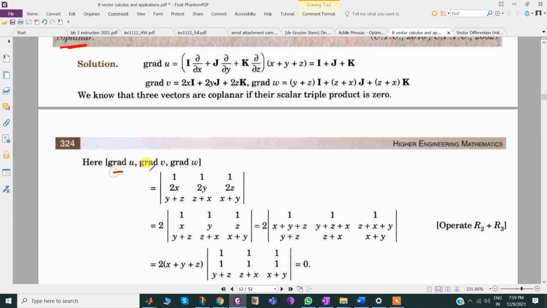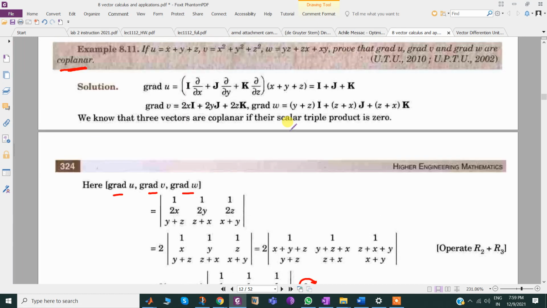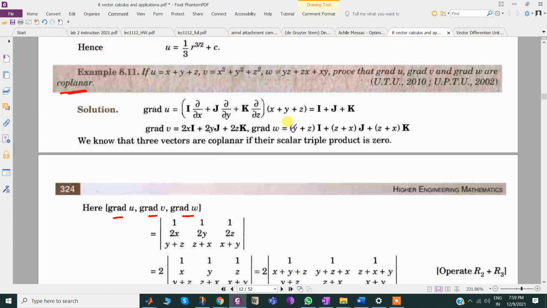See this box ABC. Simply the dot product, box ABC. If that value equals 0, then they are in the same plane. That means they cannot form a tetrahedron.